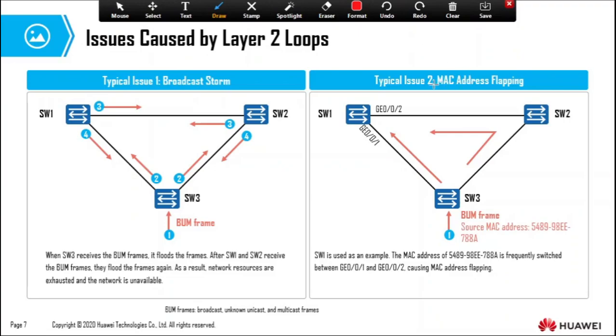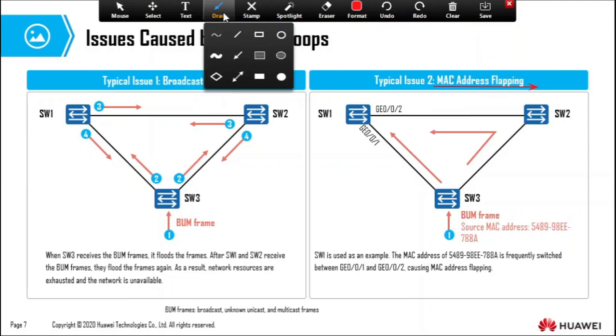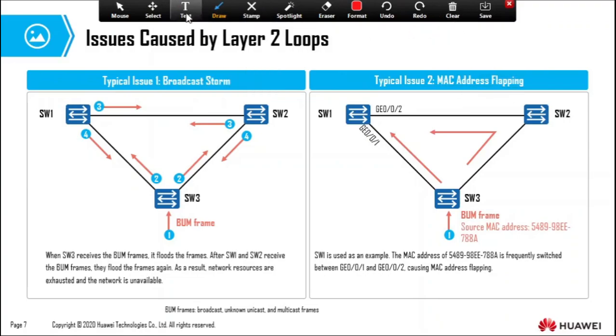Now, the other issue with loops is causing what we call MAC address flapping. Let's try and understand how this happens. With MAC address flapping, switch 3 receives a frame whose source address is this 788A.